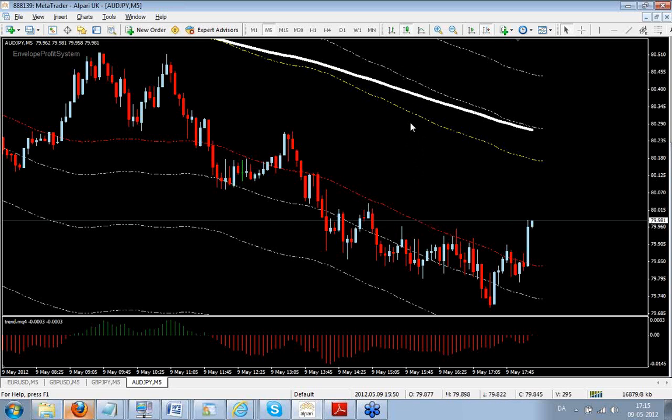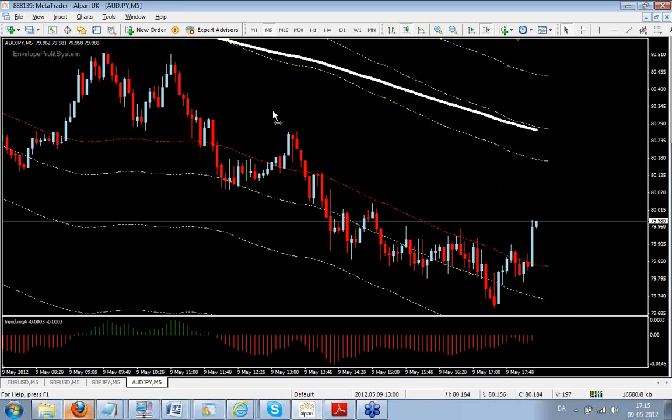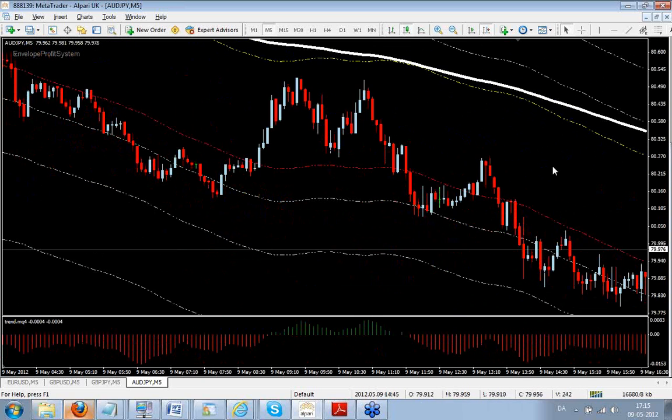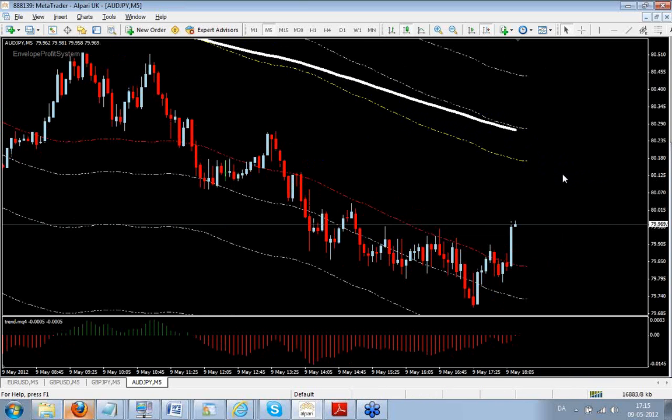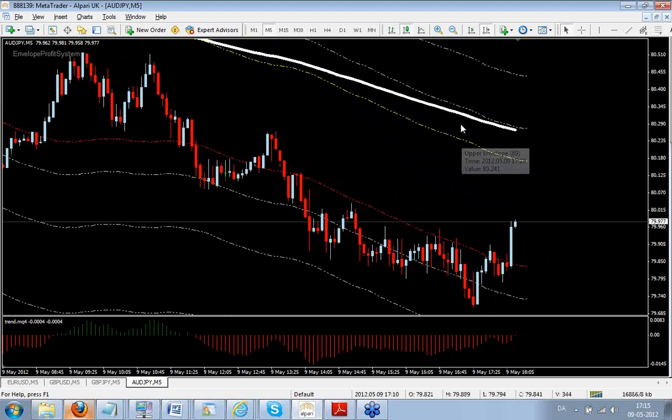It will keep you out of this long trade. Let's say there was a long setup, you cannot take it because the yellow line is below the white line. So when you see this situation, you know that we're in a very strong downtrend when the yellow line is below the white line, and the other way around for long trades.